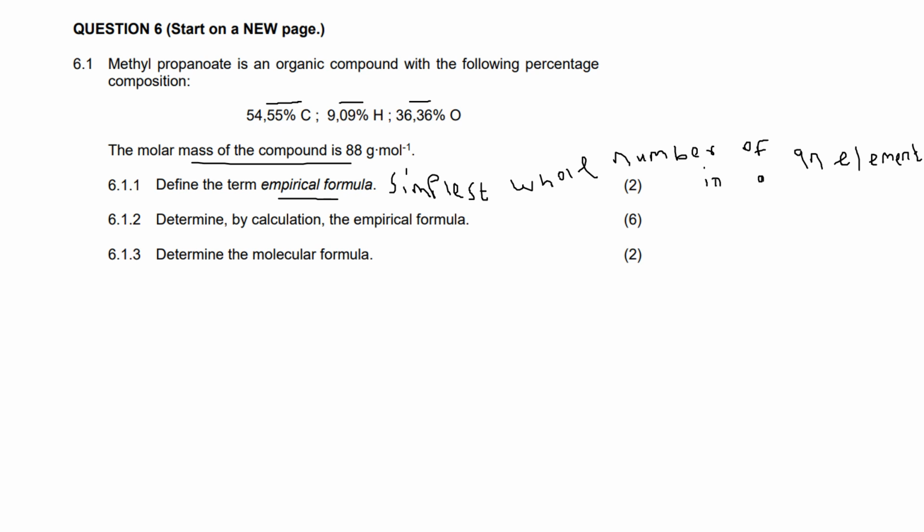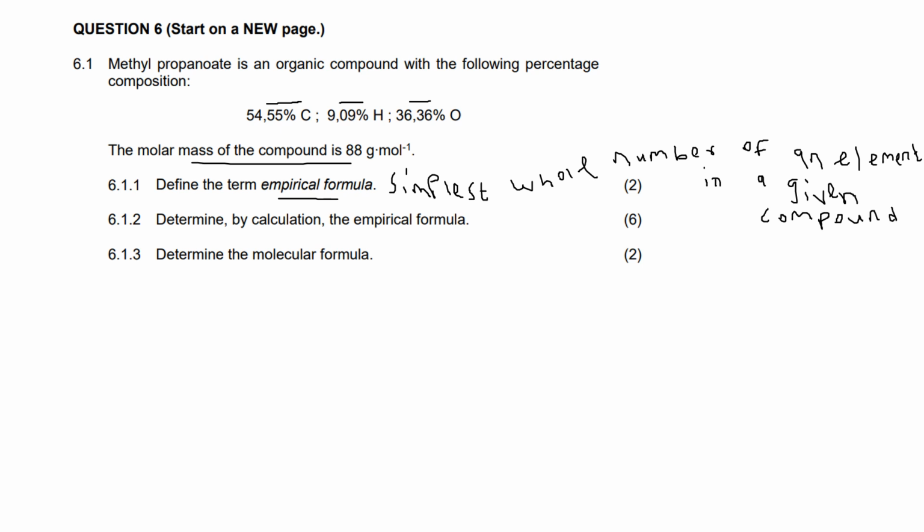From there onwards, that will be your definition for empirical formula. And the good thing is that this definition always comes in nearly every test or every exam, so you guys are bound to get that 2 marks.